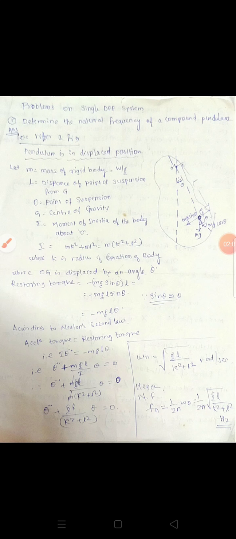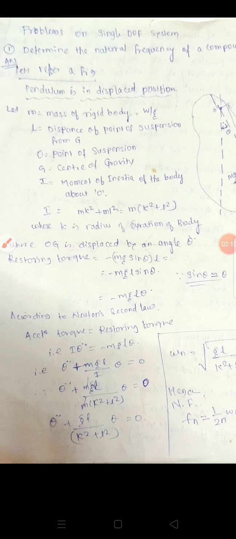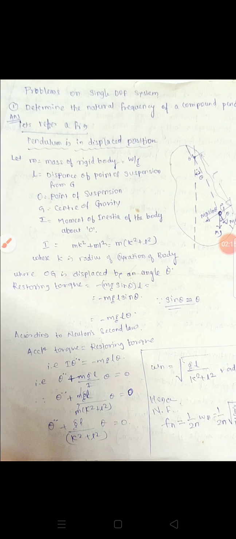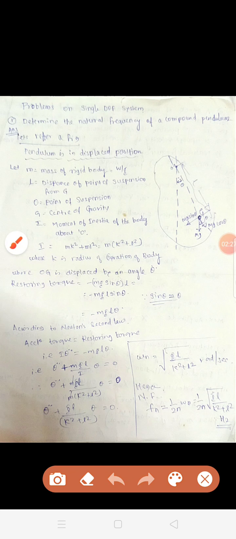According to Newton's second law, the inertia torque is equal to the restoring torque, that is I theta double dot is equal to minus mgL theta, so theta double dot plus mgL divided by I into theta equals zero, where in place of I we take m into k square plus L square.